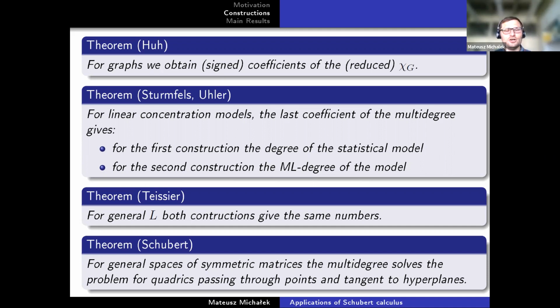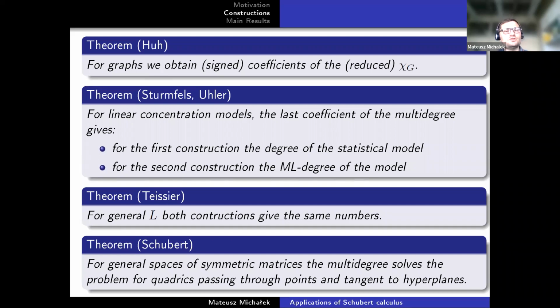And you can go to great mathematicians like Teissier, who was studying singularity theory and again didn't really care about the setting that I'm describing. But in one of his fundamental papers, he proved that when L is general, both constructions give the same numbers.